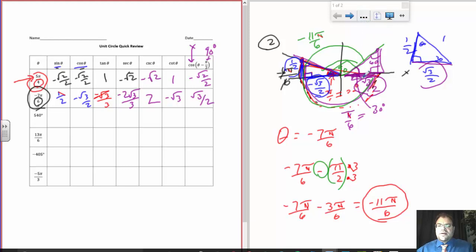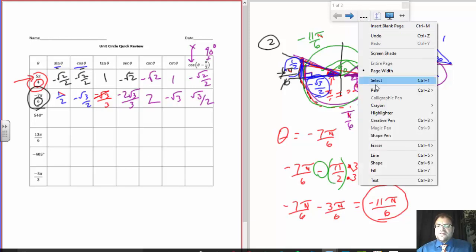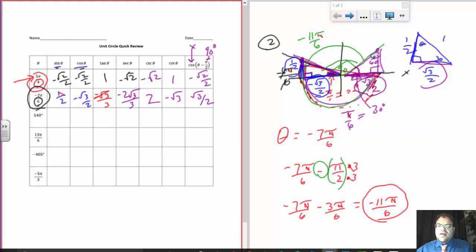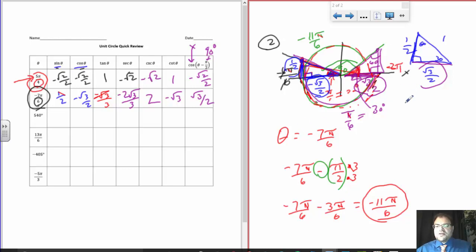To emphasize this again, this is so important. How did I know this angle? Because if I went an entire circle all the way through, that's negative 2 pi going in the clockwise direction. Negative 2 pi is the same thing as negative 12 pi over 6, because 12 divided by 6 is 2. That is a full circle. I did not want to go all the way a full circle.